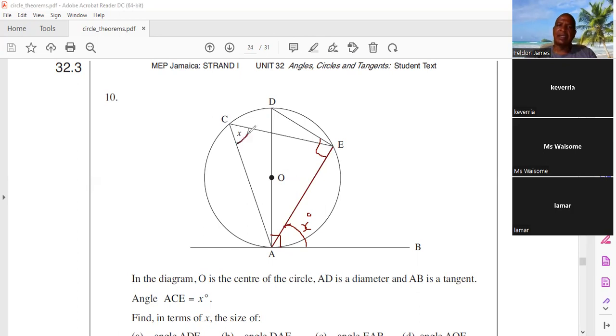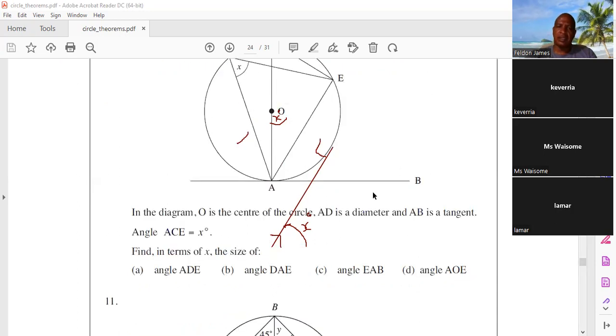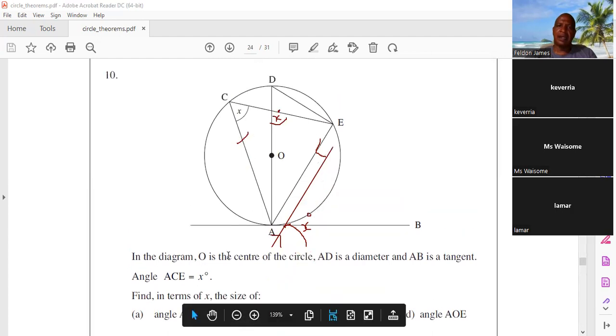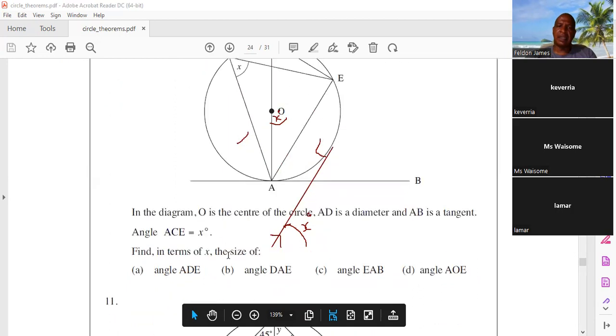So this angle is X. So it means that this one is also X. The other angle, which other angle that we want? So that's angle ADE, that's the first one.